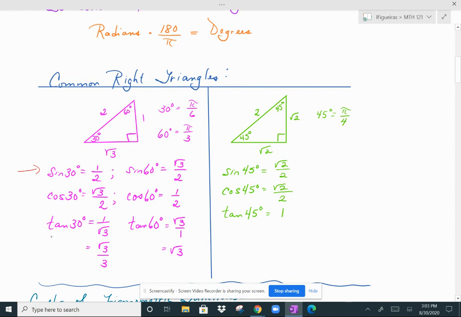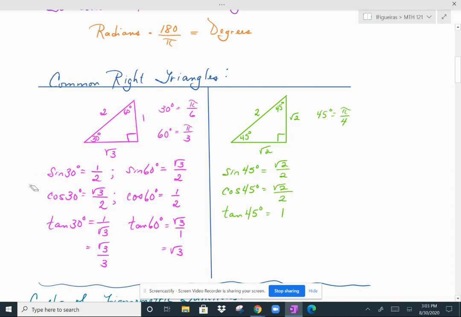Tangent is opposite over adjacent, so that's 1 over root 3, but if you rationalize it, multiply top and bottom by root 3, you get the tangent of 30 degrees is root 3 over 3. And then the other three trig functions are just reciprocals of these. So cosecant of 30 degrees would be 2. Secant of 30 degrees would be 2 over root 3. And cotangent of 30 degrees would just be the reciprocal of this, which is just root 3.